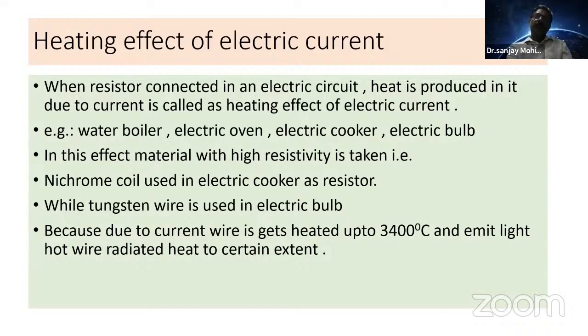The advantage of tungsten is that it has a very high melting point, 3400 degrees centigrade. And the hotter the filament gets, the more light you get, and that's why tungsten wire is used in an electric bulb.